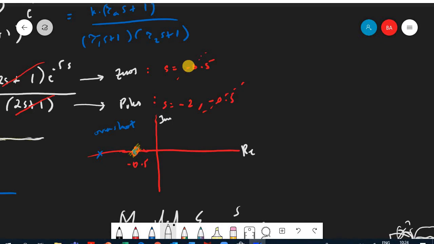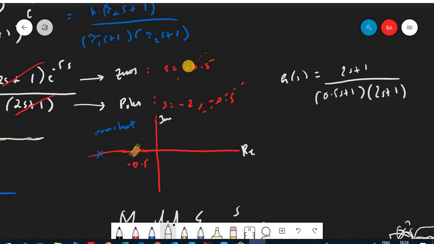The answer will be like, let me write it, G of s, the gain will be 1 already. So that is 2s plus 1 over 0.5s plus 1, into 2s plus 1. And actually here you cancel the dominant ones.